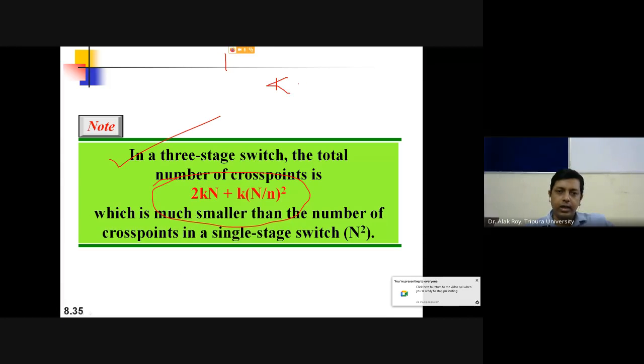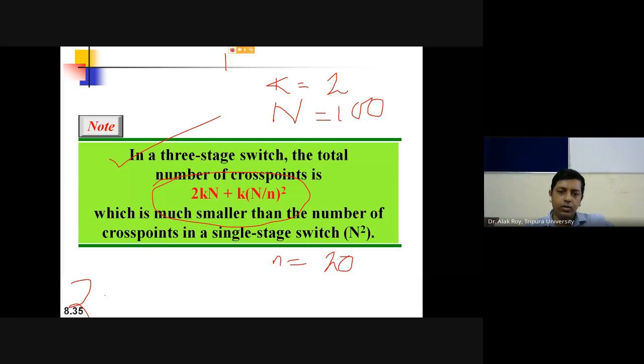If you know your small k as 2, capital N as 100 and small n as 20, then how many cross points will there be? It will be 2 into 2 into 100, plus 2 into (100 divided by 20) square.